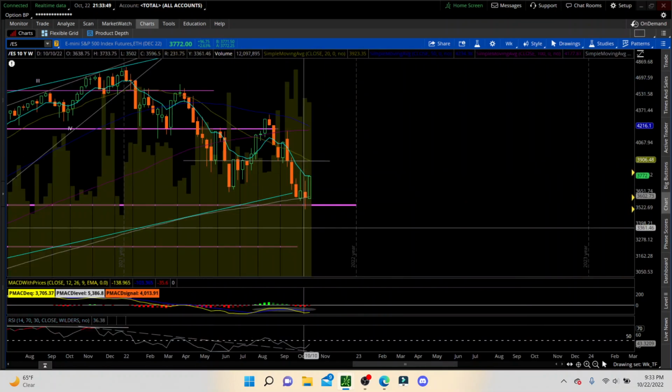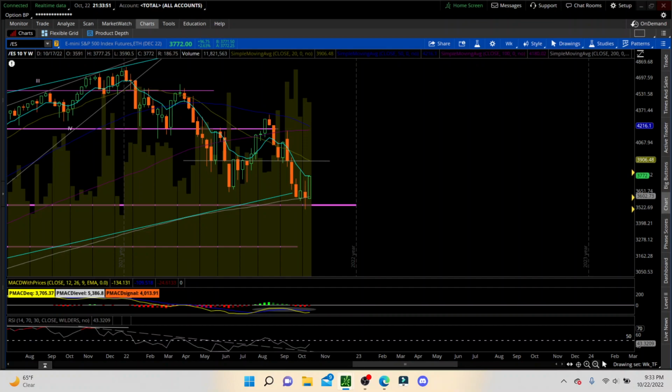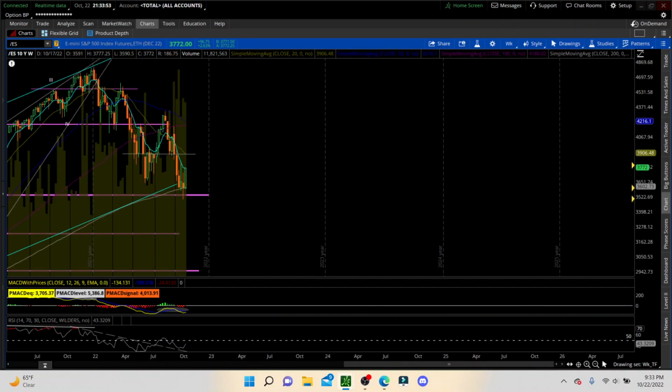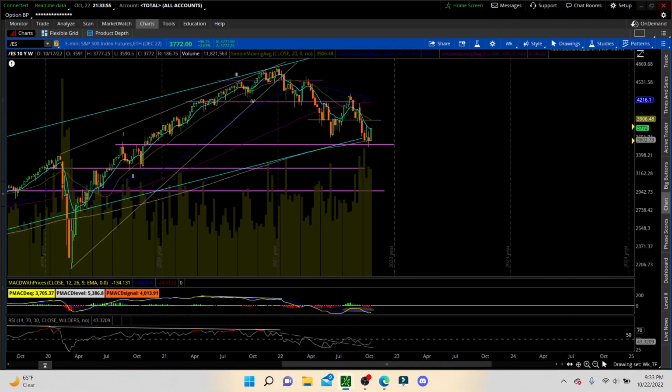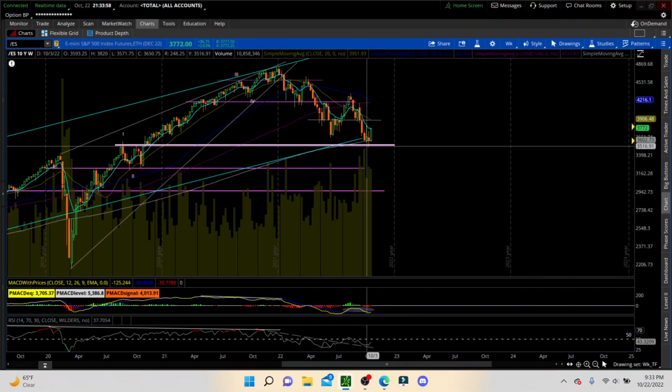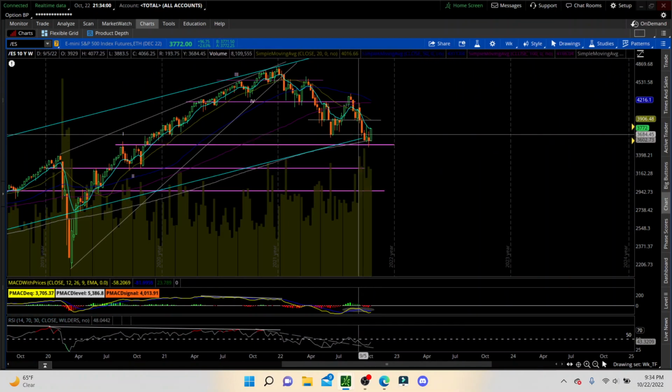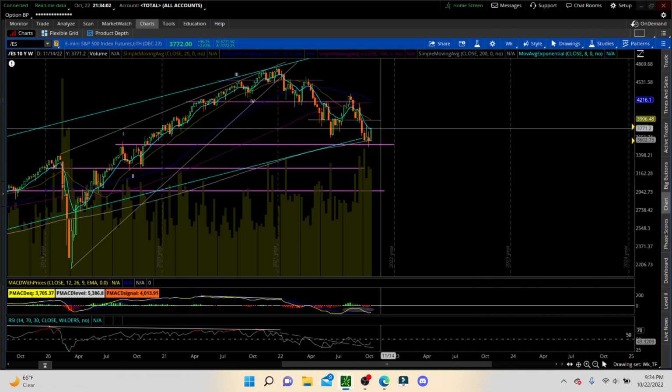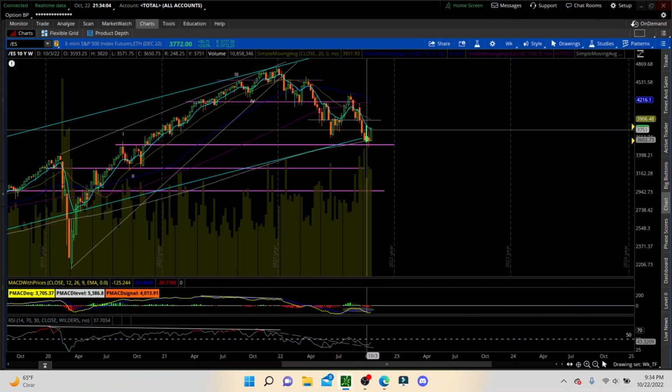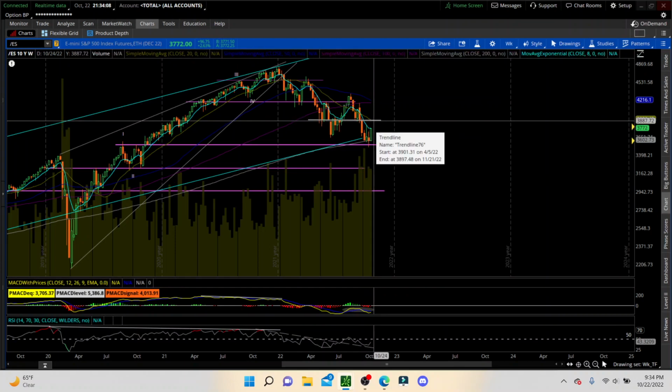Again, lower highs, lower lows. We're at that beautiful support line, confluence with the 200-week simple moving average here. So great area. We're reversing off of it, but we're coming right into this 8 EMA. And then we have the 20 simple week moving average as well.